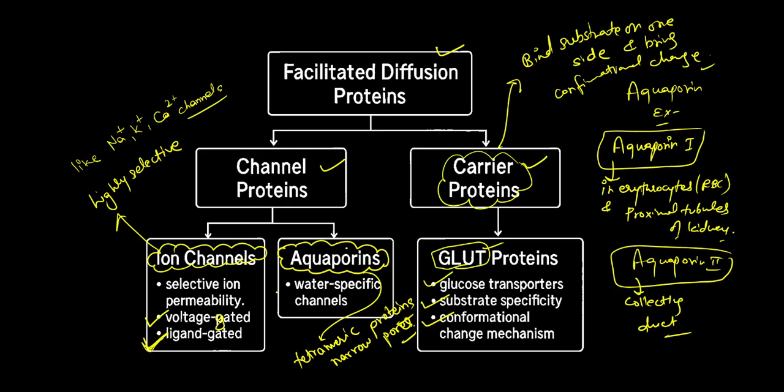For example, GLUT1, glucose transporter 1, is present in erythrocytes, which will mediate the passive entry of glucose. In the same way, GLUT4 is present in the muscles and adipose tissues, which is recruited in response to insulin.